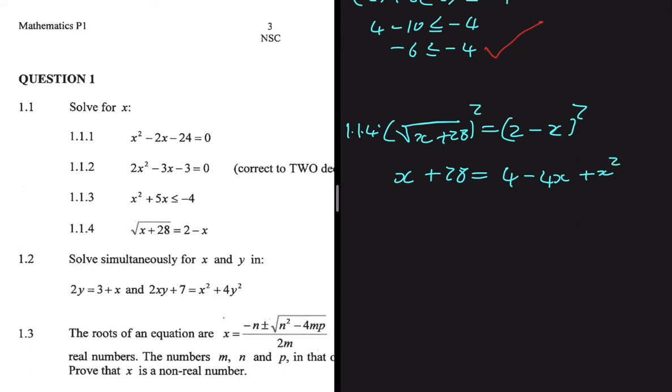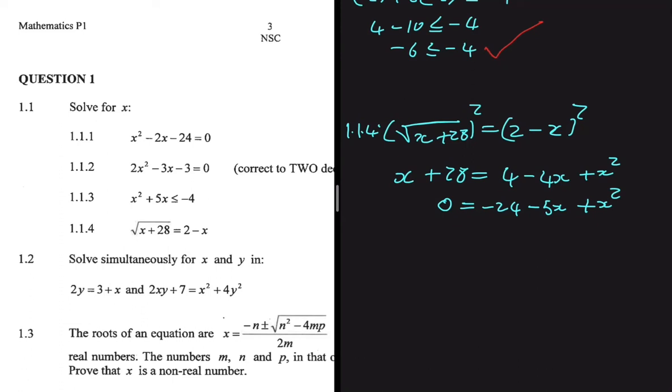So let's take x and 28 to the right hand side, right? So we have 0 being equal to, so 4 minus 28, that will be minus 24, and then minus 4x minus x, that will be minus 5x, and then plus x squared, right? So now we factorize that.